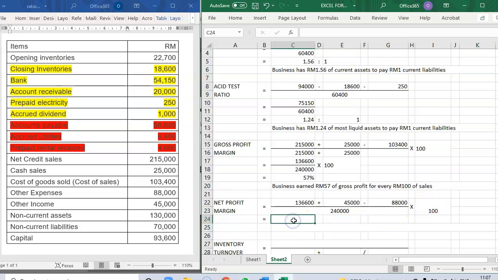Once you calculate that, the result is 0.39, and when you multiply with 100, it becomes 39%.